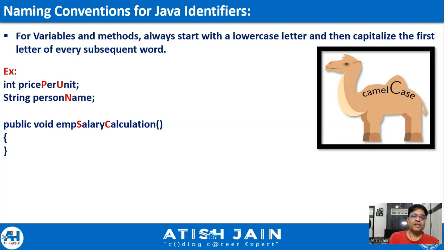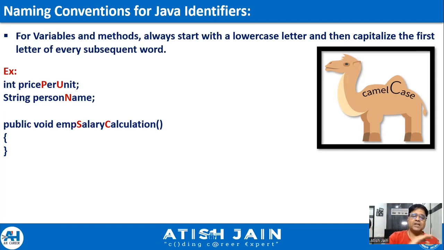So pricePerUnit, you can see P and U capital. personName, person is lowercase and N is capital. employeeSalaryCalculation, employee completely lowercase, S and C capital. This case is known as camel case because in the beginning it is flat, and after that there is a curve on the top. So it's known as camel case.